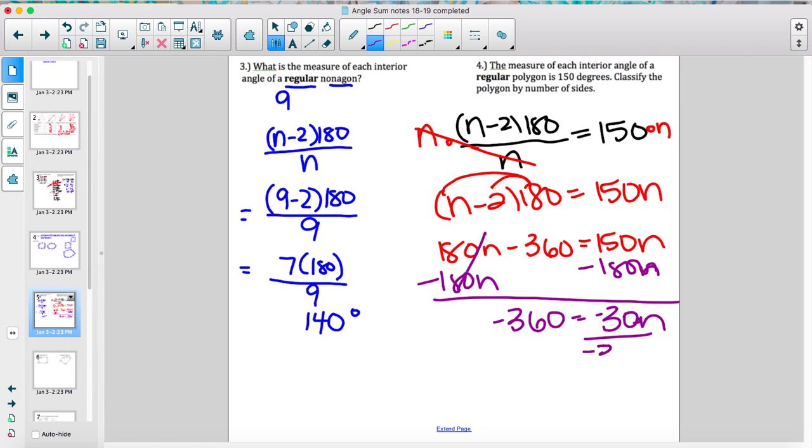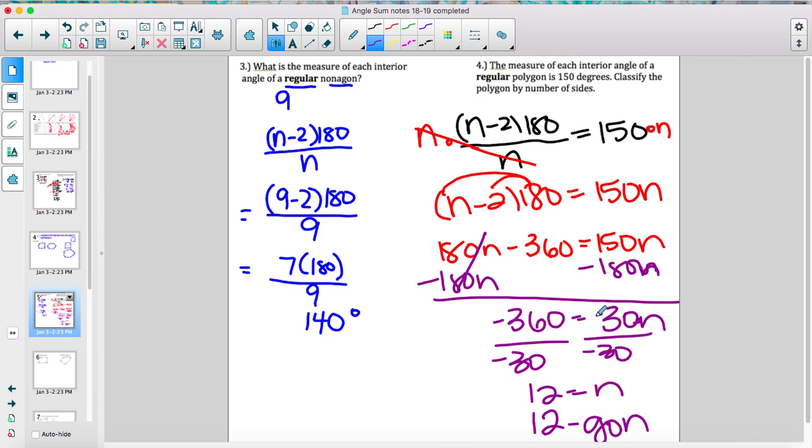The opposite is division. We're going to divide both sides by negative 30. And when we do that, negative 360 divided by negative 30 is 12. And so we have a 12-sided shape, a dodecagon, or a 12-gon to classify by the number of sides.